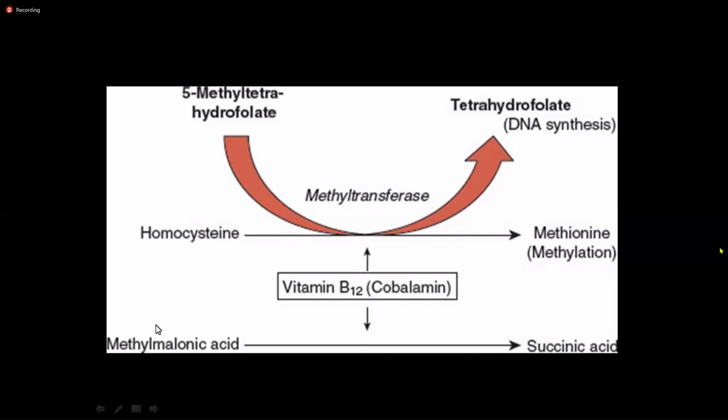So we can measure homocysteine indirectly to see the level of vitamin B12. Similarly, we can measure methylmalonic acid in the urine to see the level of vitamin B12 indirectly.